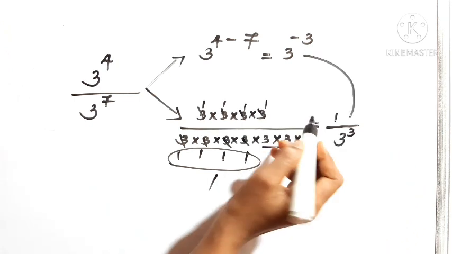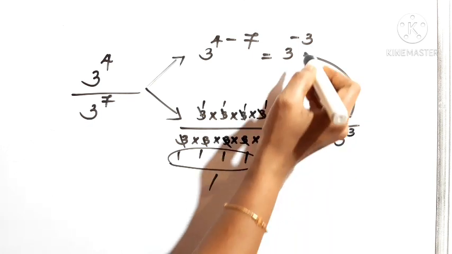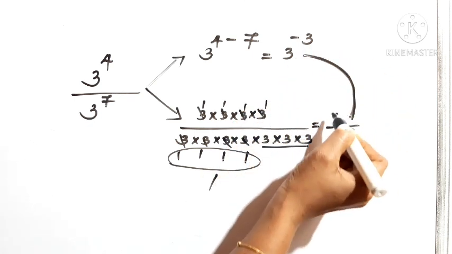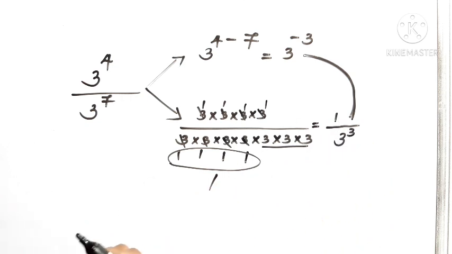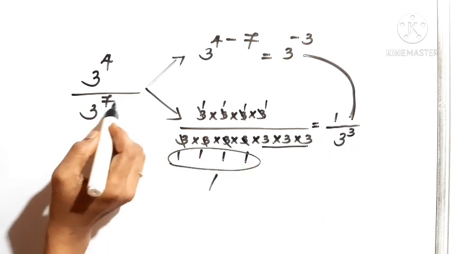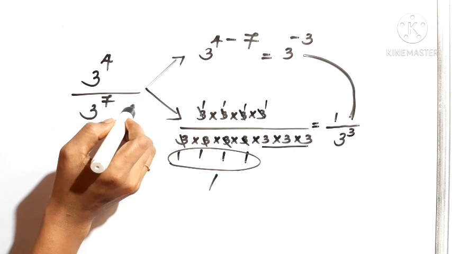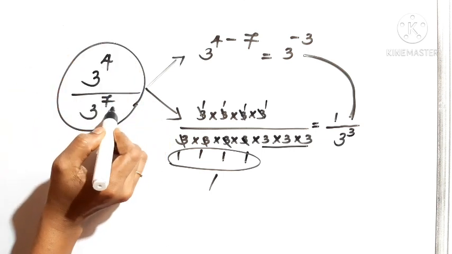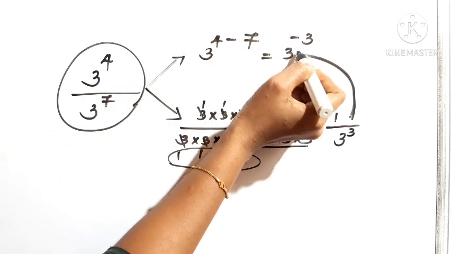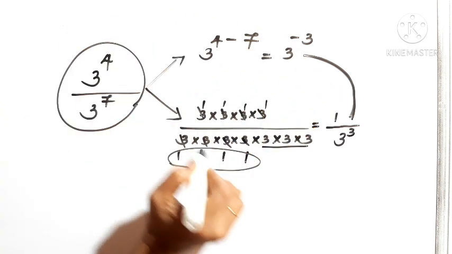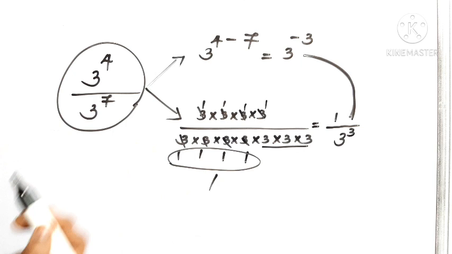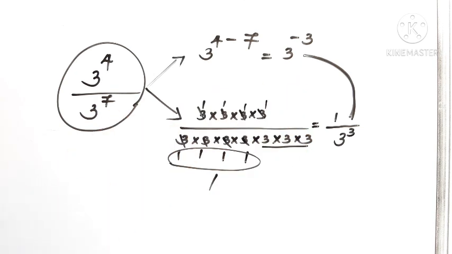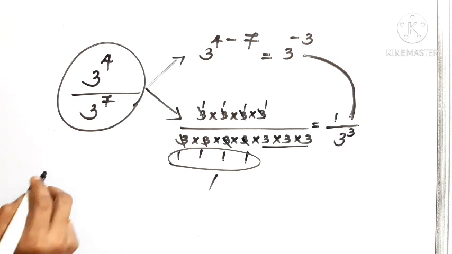Listen children, from this we can understand 3 raised to minus 3 also equals 1 by 3 raised to 3. Why children? Here we can see common LHS. 3 raised to 4 by 3 raised to 7 equals 3 raised to minus 3. Also equal to 1 by 3 raised to 3. From this we can form the next exponential law.